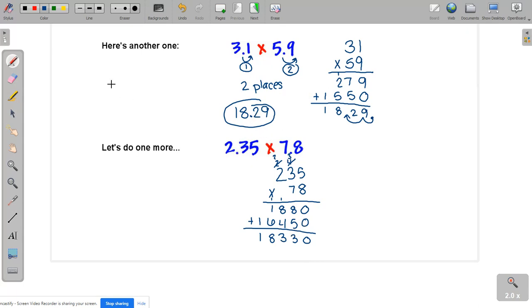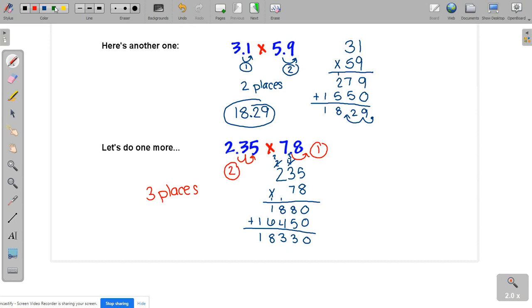But now we go back to our answer. Let me change the color. We moved it 2 places, and then this one gets moved 1 place. So we have a total of 3 places we have to move our decimal.